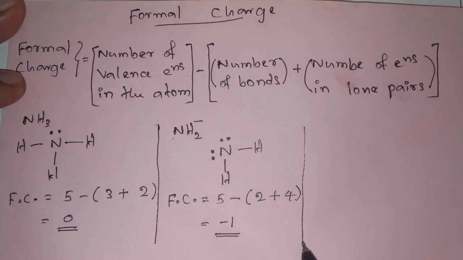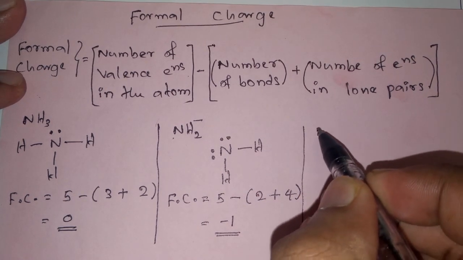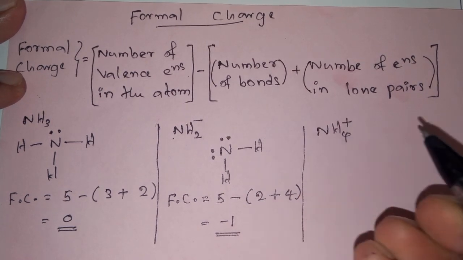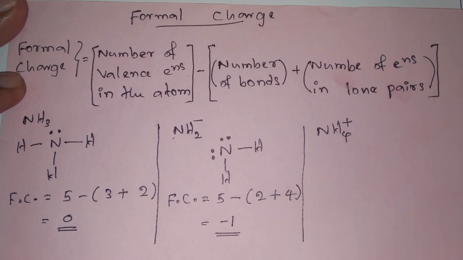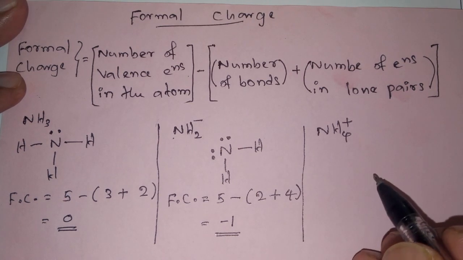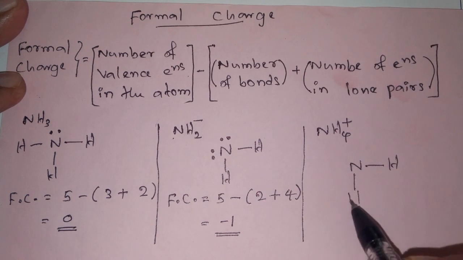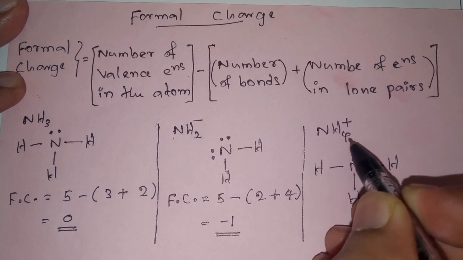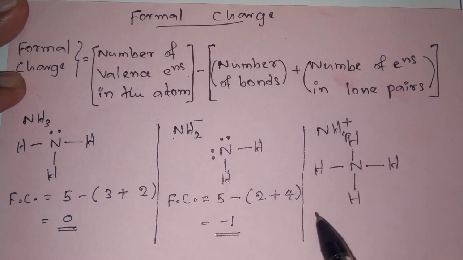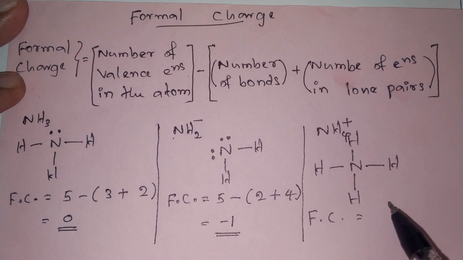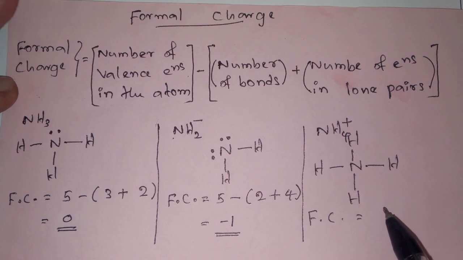And I will explain another example too, that is NH4 plus, ammonium. First, you have to draw the Lewis structure of the ammonium ion. Nitrogen, like this. And then formal charge is equal to the number of valence electrons in the nitrogen atom, that means the neutral nitrogen atom.